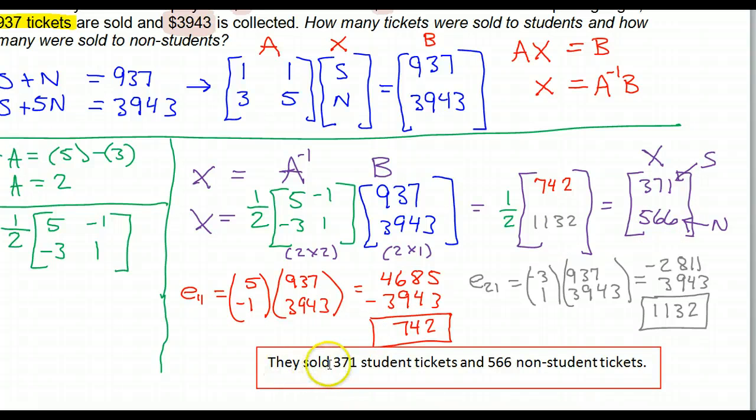So there you go. They sold 371 student tickets and 566 non-student tickets. That's the final answer. Anytime you're doing a word problem, make sure you record your final answer in words.